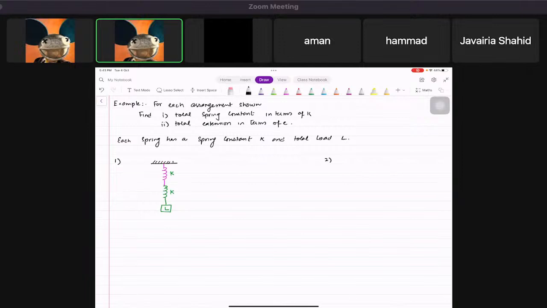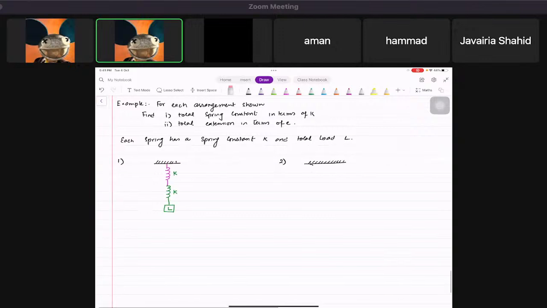So that would be like this, and so here's the load, and this one has K, this one has K as well.